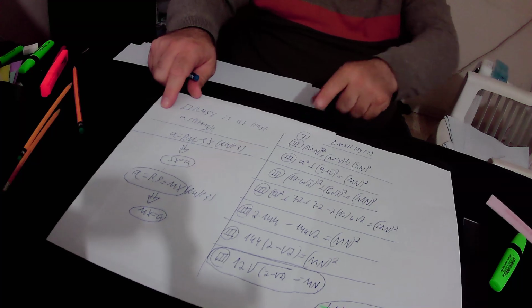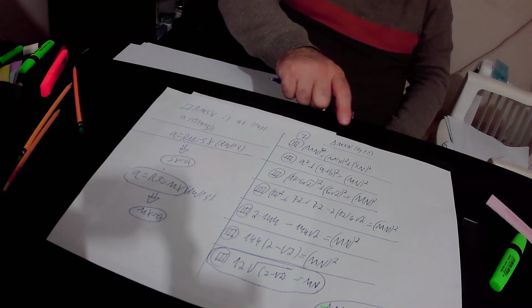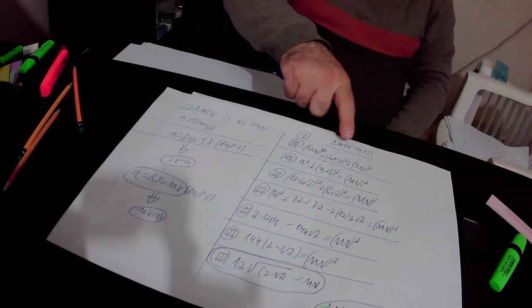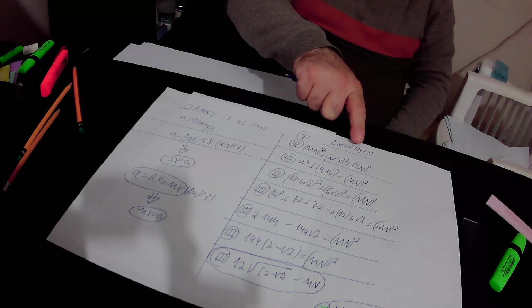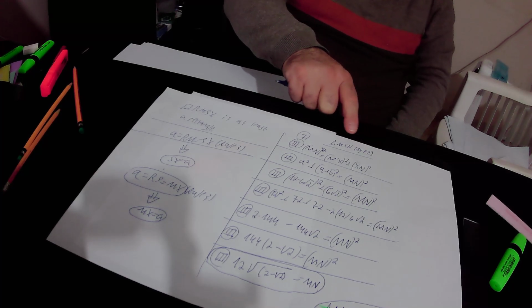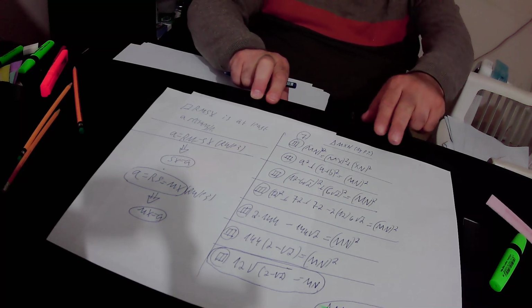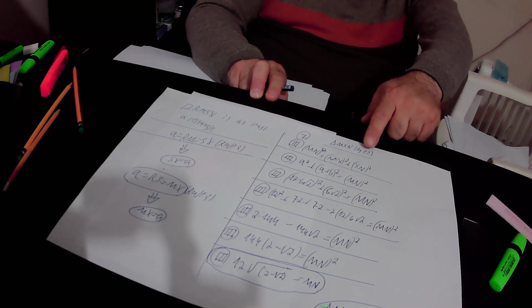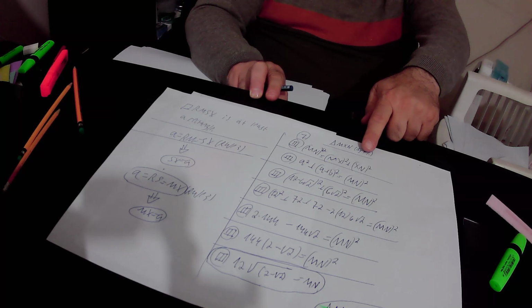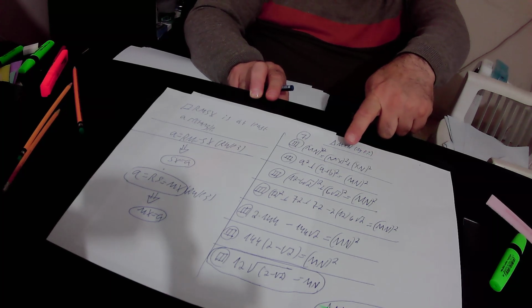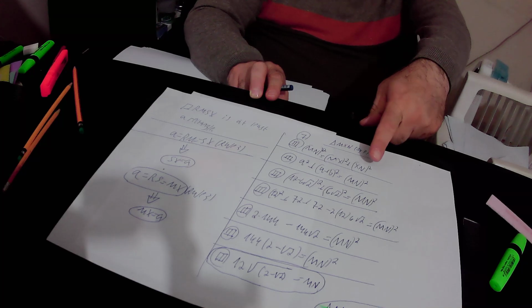Here MX is A, so MX square is A square, plus NX square. NX is A plus B, so NX square is (A plus B) square, and it must be equal to MN square.